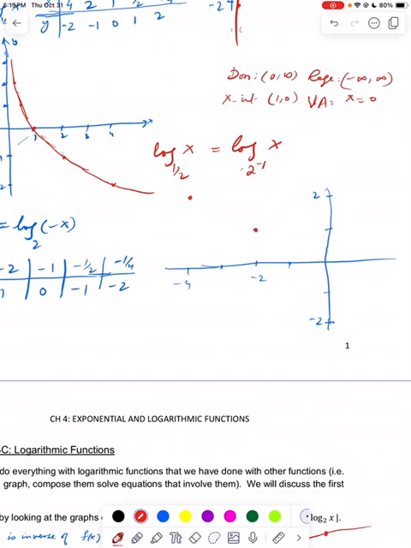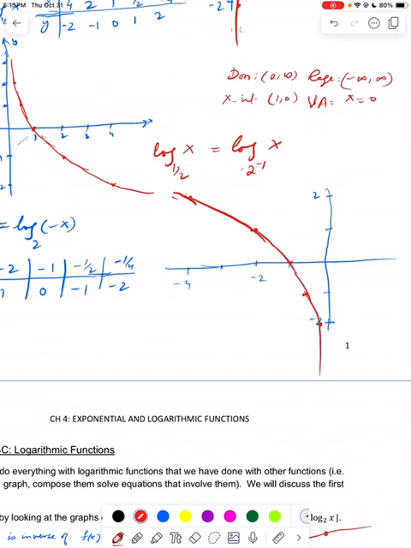At -1/2, we are at -1. So this is the graph.